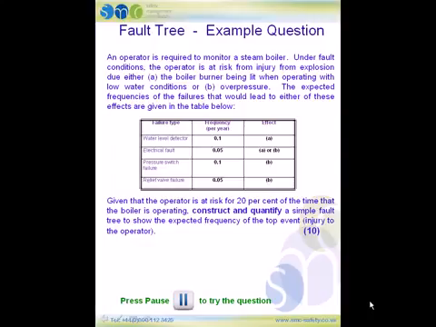For B, the overpressure, there are three conditions: the electrical fault, again at 0.05 per year, the pressure switch failure at 0.1 per year, and the relief valve failure at 0.05 per year. Given that the operator is at risk for 20% of the time that the boiler is operating, you have to construct and quantify a simple fault tree to show the expected frequency of the top event, which is the injury to the operator. Please press pause if you'd like to have a go at this question.